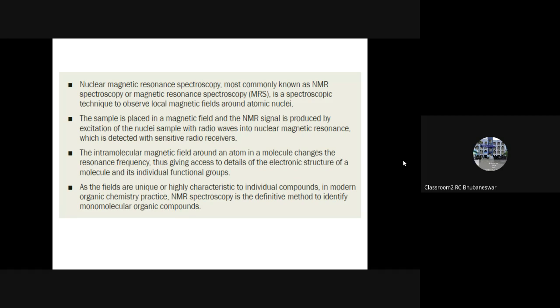Up to last class, I was showing you all your materials uploaded on the IGNOU website, and I told you they are sufficient for the spectroscopic methods. Everything is there. However, NMR spectroscopy you need to understand very carefully.